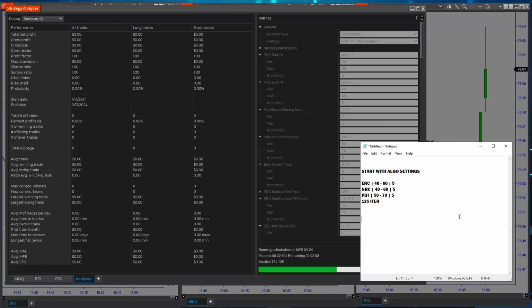I feel like it's going a little faster than it said it was. Now this is a 3-minute chart, so it's not too big, not too small, somewhere in the middle. So testing a month is probably a good time frame to optimize.